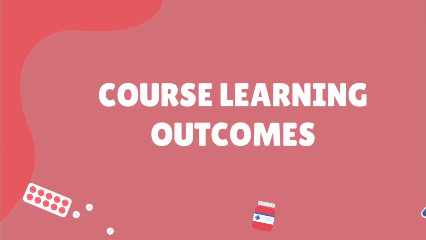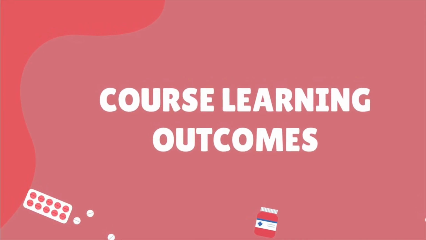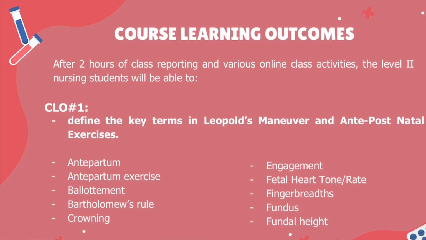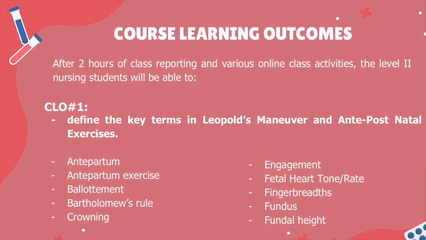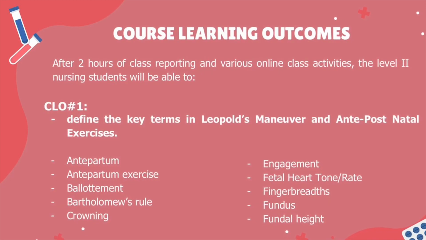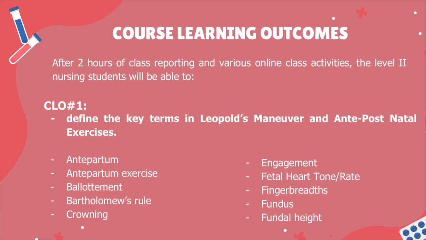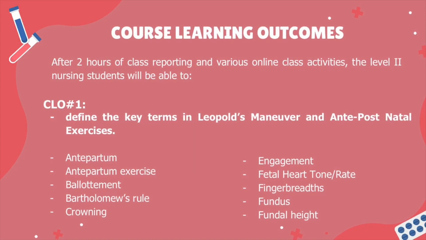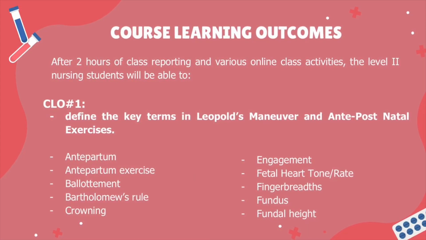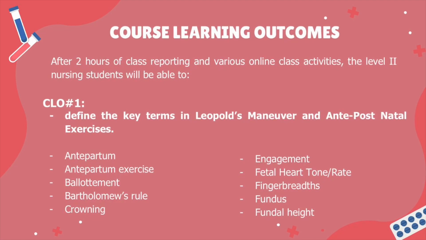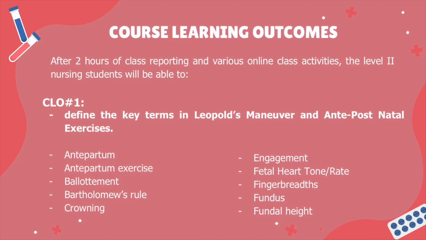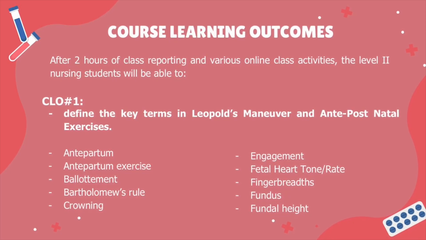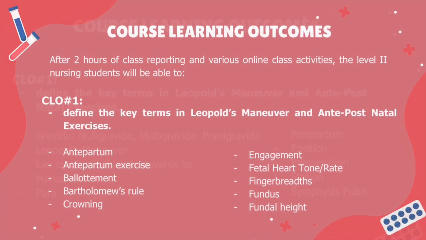So here are the course learning outcomes for our first module. After 2 hours of class reporting and various online class activities, the Level 2 nursing students will be able to define the key terms in Leopold's maneuver and ante-postnatal exercises. This consists of antepartum, antepartum exercise, ballotment, Bartholomew's rule, crowning, engagement, fetal heart tone or rate, finger breadths, fundus and fundal height.